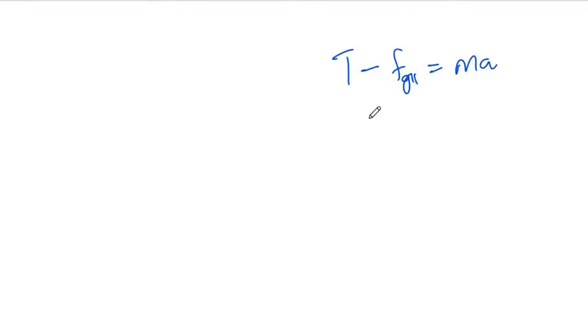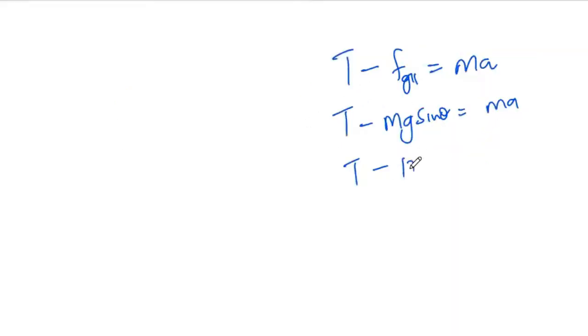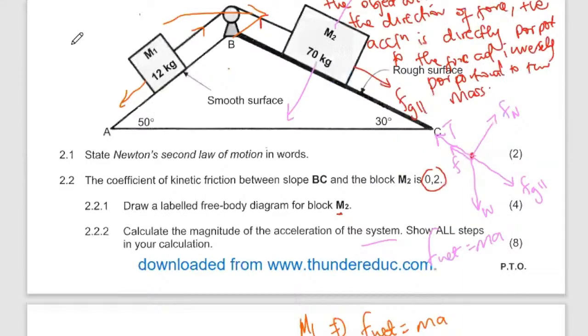We don't know the tension, but we know that the FG parallel is going to be mg sine theta. Let me just substitute. So we know that the mass is 12 kg. So that's 12 times 9.8 times the sine of 50. That's my equation number 1.